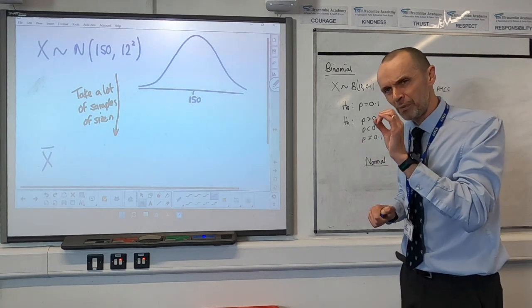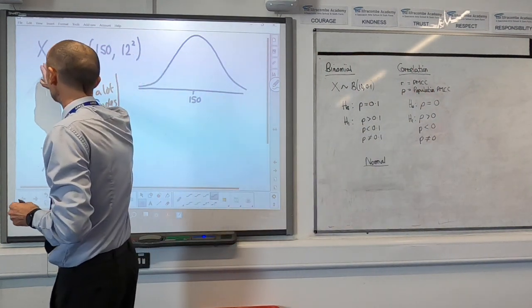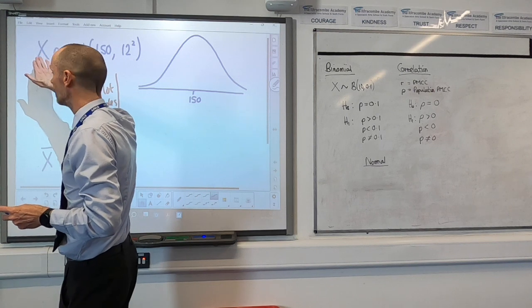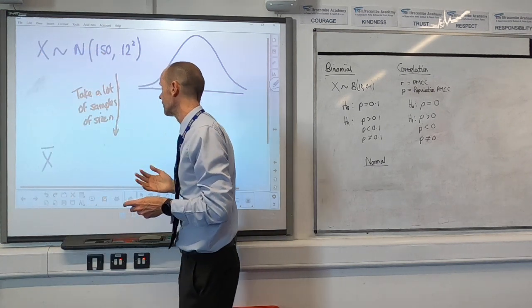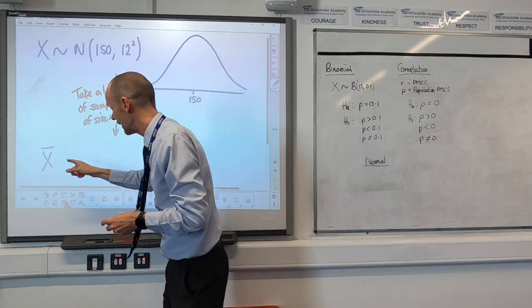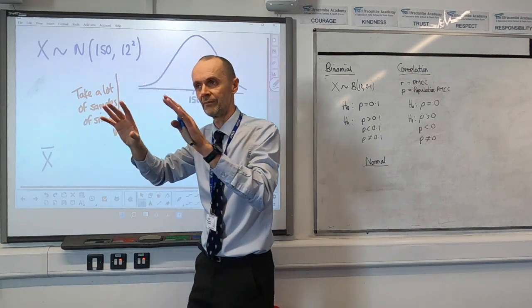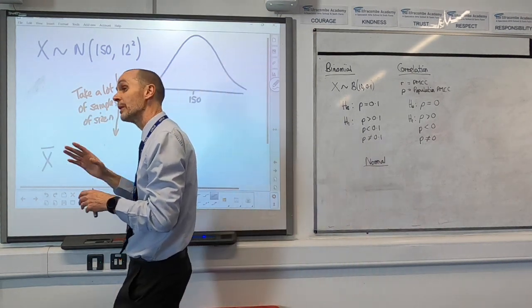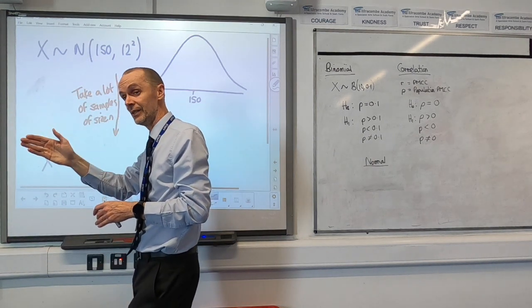This next bit is hard to get your head around. So what I've got here is I'm saying that the heights of every student in the school are normally distributed with these parameters. But what we're saying now is that we've got lots and lots of samples, and each of those samples has a mean, and we're looking at the distribution of those means.